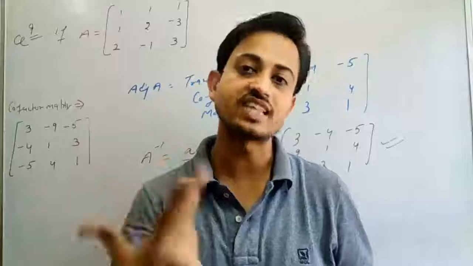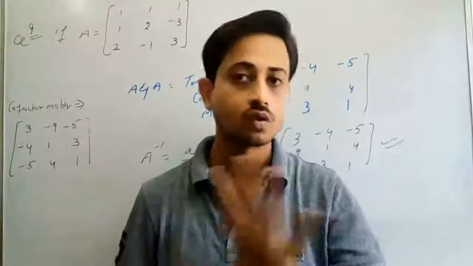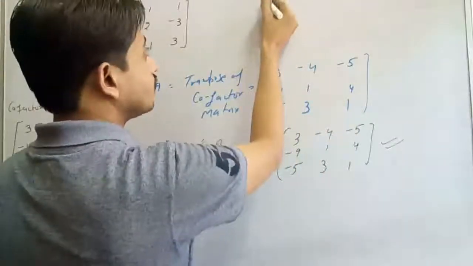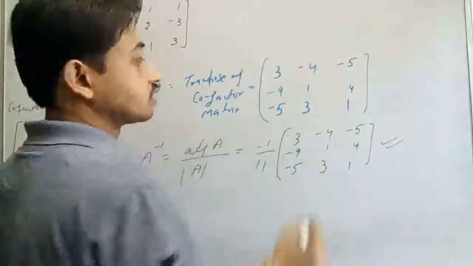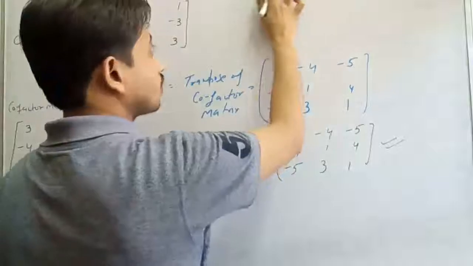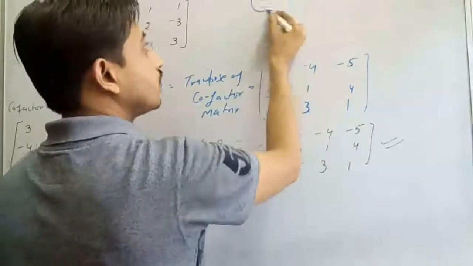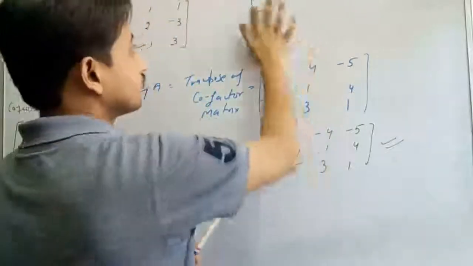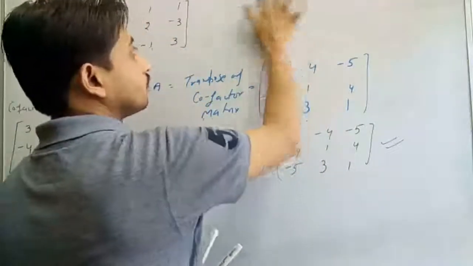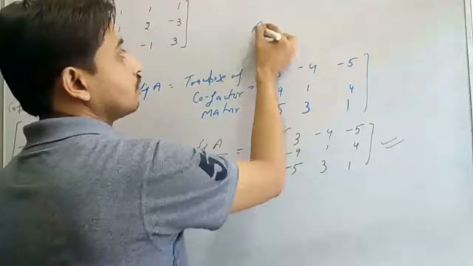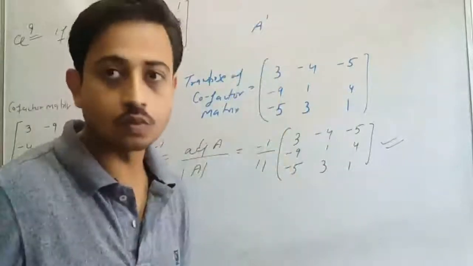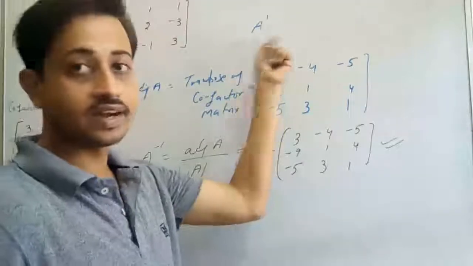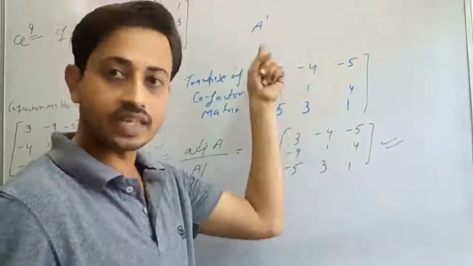Now we have to do the next part. What's the next part? We have to solve the equations. We have to find the solution for A transpose X equals B, and use this result to find the solution in terms of A inverse.